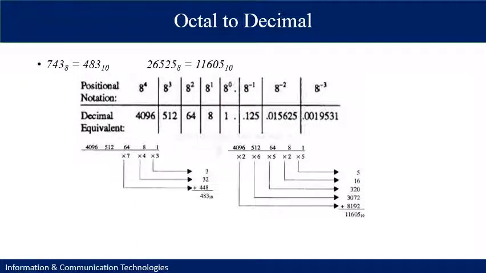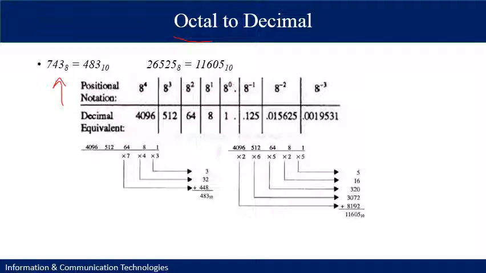So here is another example, but it is done in the opposite direction, and you want to convert the octal value to the decimal value. In this case, you will use the first method, which is the multiplication method. For each value in the octal, you will find the digit locations, and for each digit location you will multiply the digit with the base to the power of that particular location.